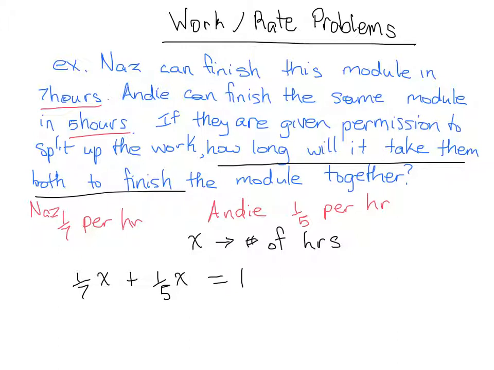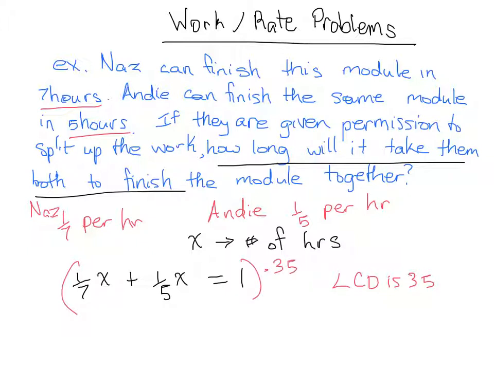Well, we can solve this equation in multiple ways, but the way in which I would like to do it today is to find the lowest common denominator and multiply both sides of the equation by it. We have a 7 here, we have a 5 here, and we have over 1 right here. So our lowest common denominator in this case is 35. All right, so I'm going to take everything and multiply by 35.